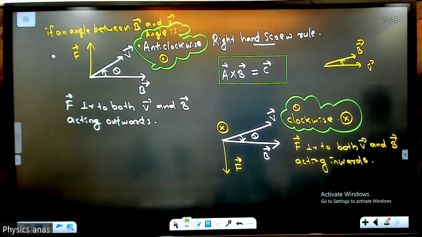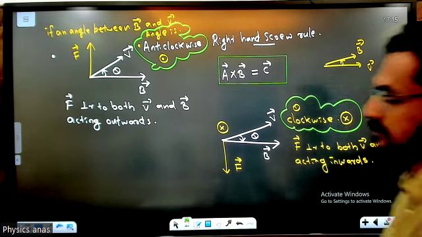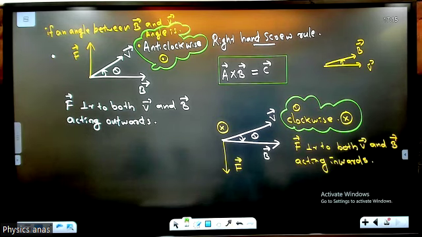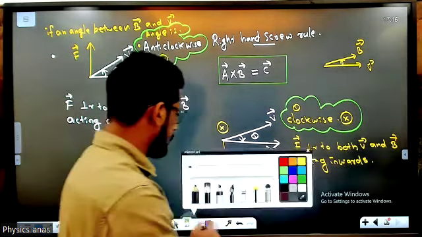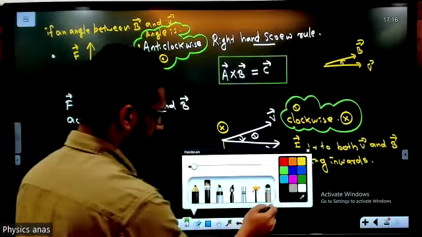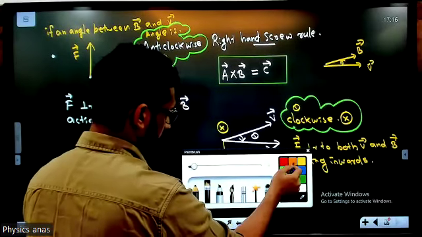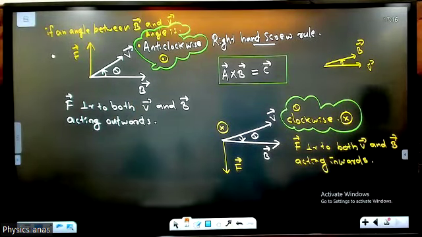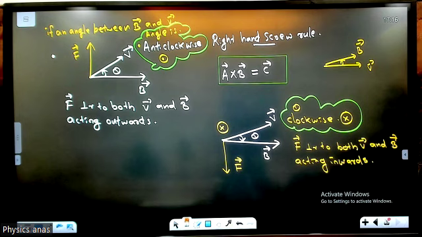Right? What is on the board? That's the first case.